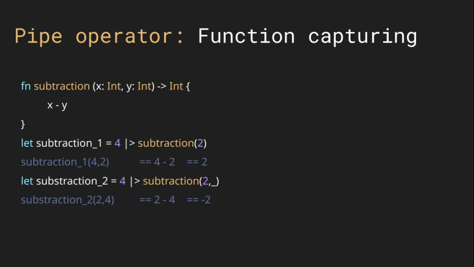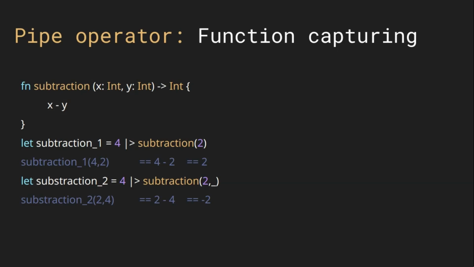The answer to that question is that by default, the pipe operator takes an input and applies it to the first argument. But you can rearrange the order of the operation by doing a function capture with the underscore.